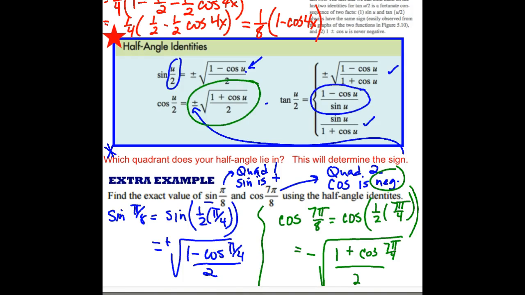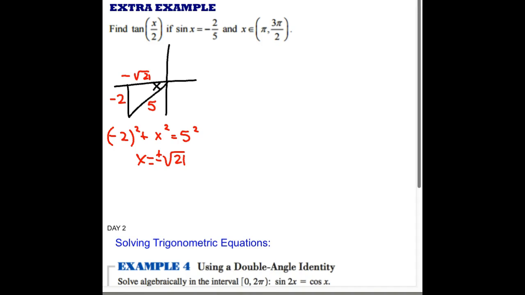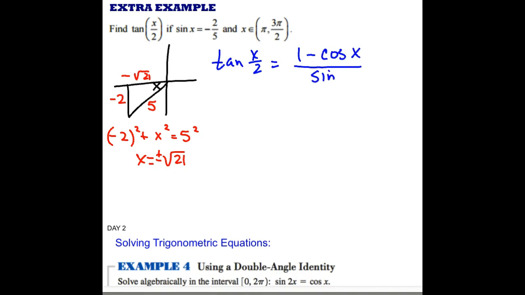I'm going to say the tangent of my half angle is 1 minus the cosine of the angle divided by the sine of the angle. Yes? Let's substitute in what we know.